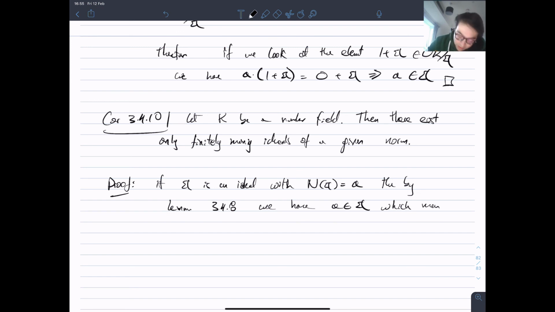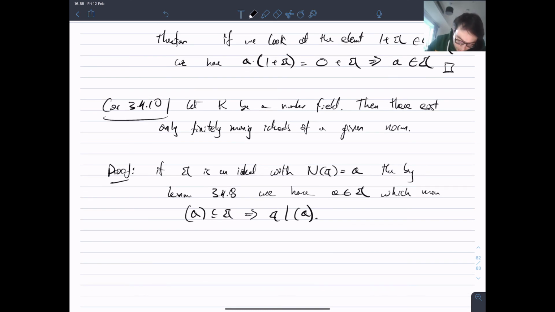Which means that the ideal generated by a is contained in A, which implies that A divides this ideal, because containment turns into division.